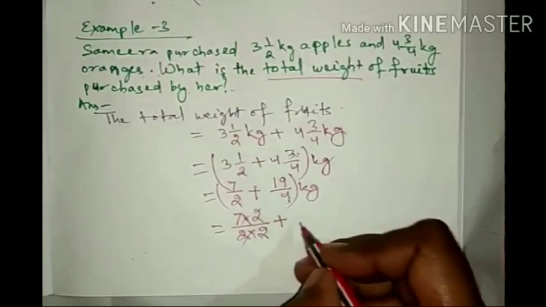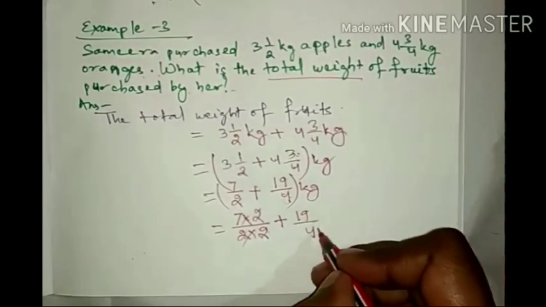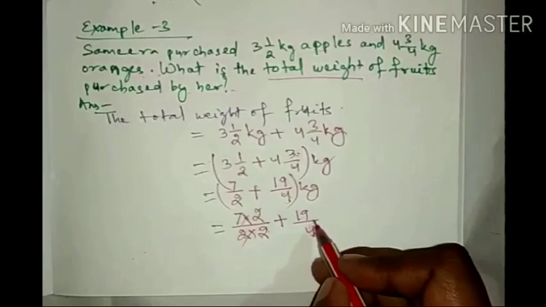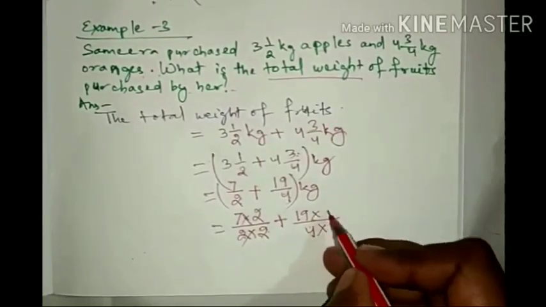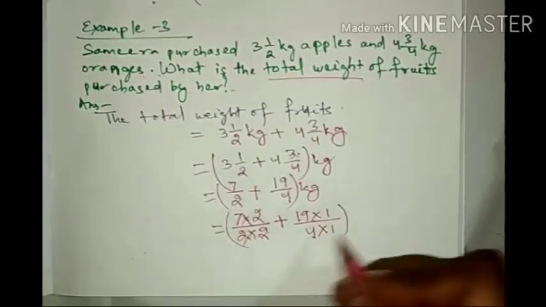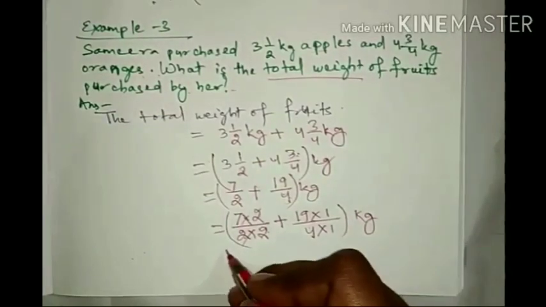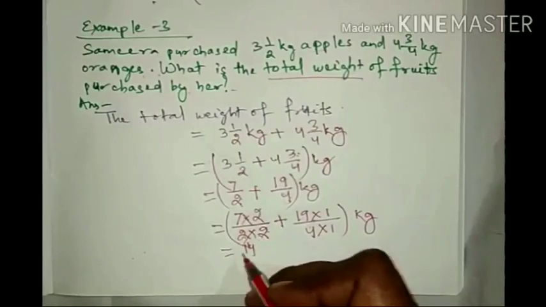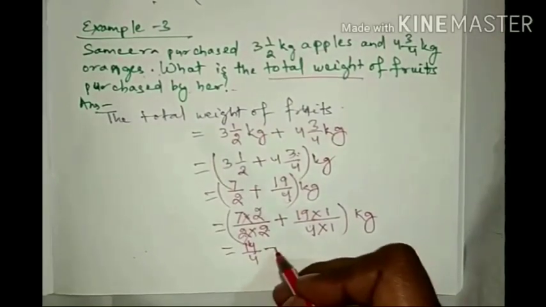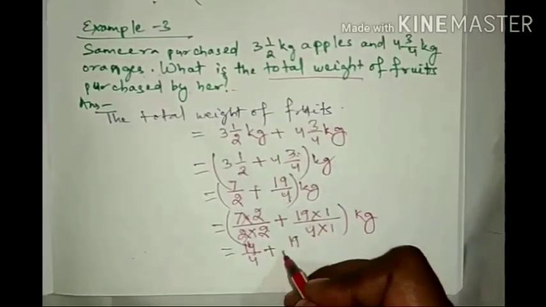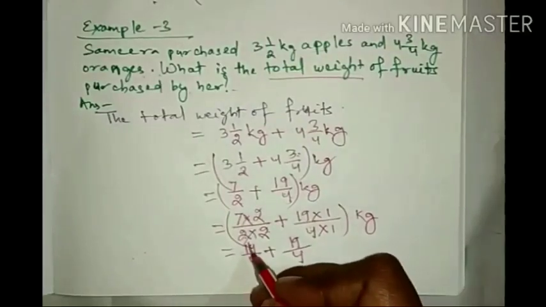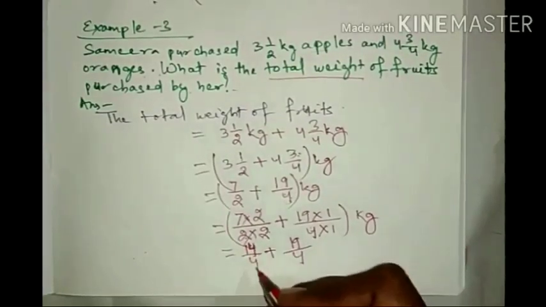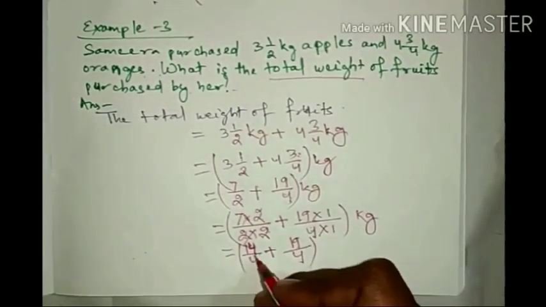Then 19/4: here 4 is there, so multiply by 1. So 7 twos are 14, 2 twos are 4. Then 19 ones are 19, 4 ones are 4. So now we have like fractions.